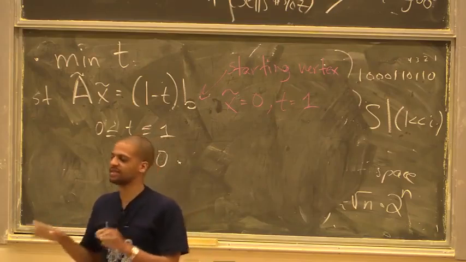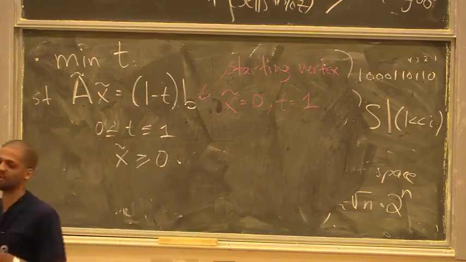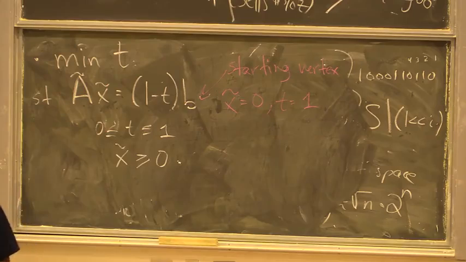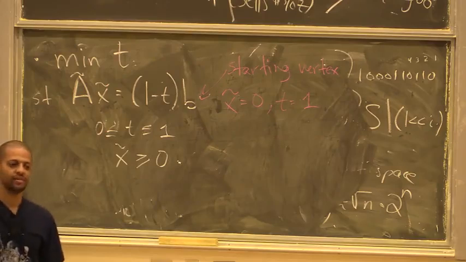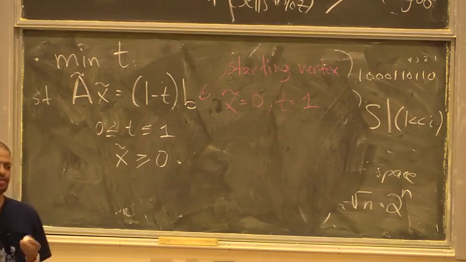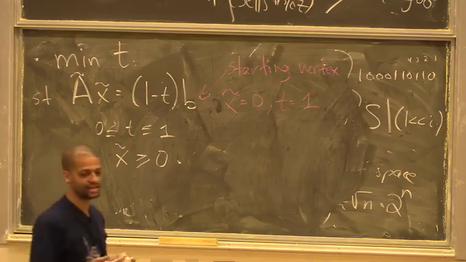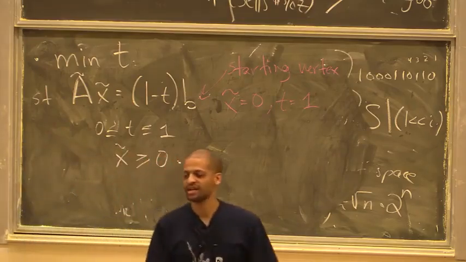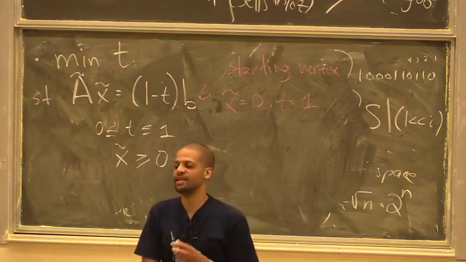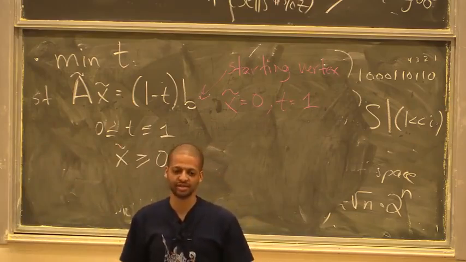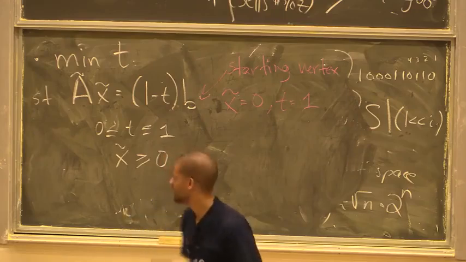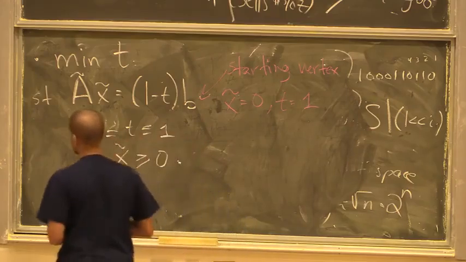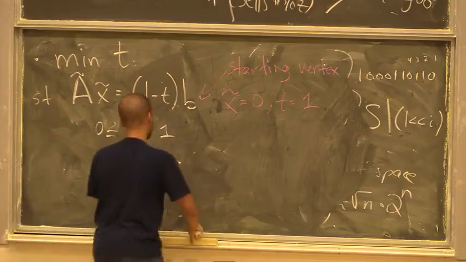Even to this day, we don't know any pivot rule, any greedy strategy, that gives you a runtime that's better than exponential. All our implementations of simplex are exponential time. However, people do still use simplex in practice because on real-life inputs, it often does run fast, even though in the worst case it could be exponential. Okay, so that's simplex.